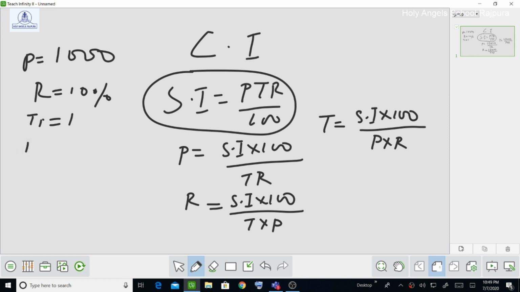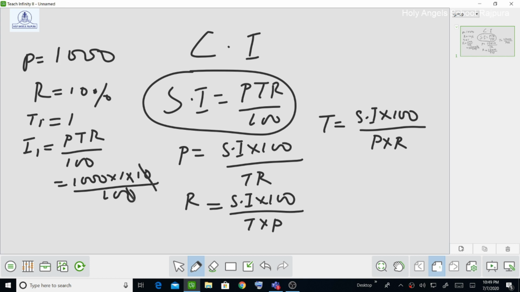we call it I1. Interest after 1 year is PTR upon 100, that is 1000 into 1 into 10 divided by 100. Zeros cancel, 100. Now this is the simple interest obtained on a sum of money 1000 rupees for 1 year.